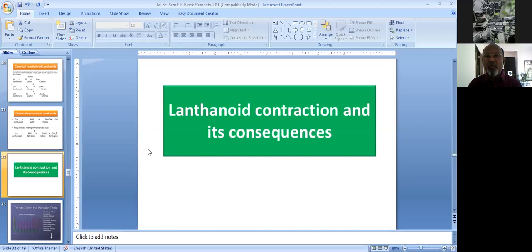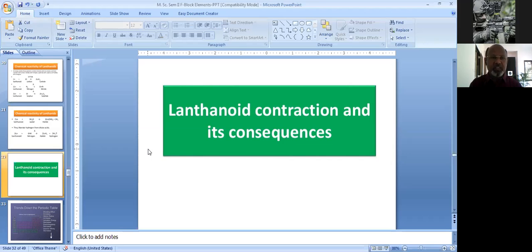So the inner electrons are pulled towards the nucleus, and hence there is a steady decrease in the atomic dimensions.